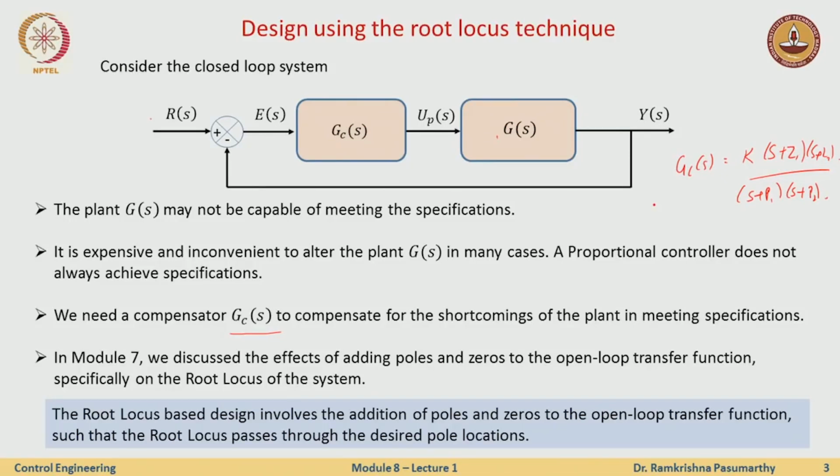We had earlier discussed the effects of adding poles and zeros to the open loop transfer function. So now, how do I make use of the root locus to achieve the desired performance specification? That's what we will analyze, and all this analysis will be in terms of the dominant pole pair.